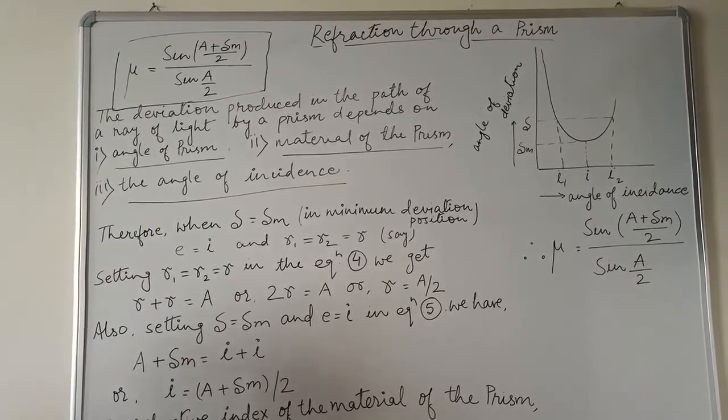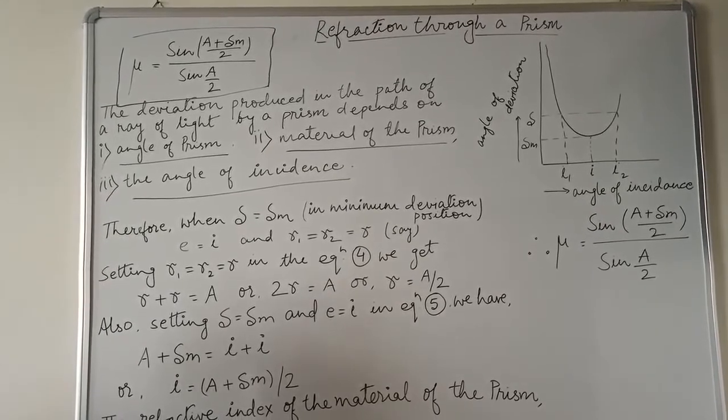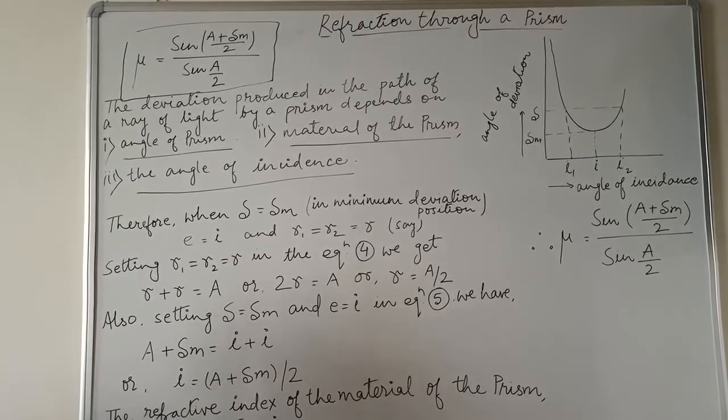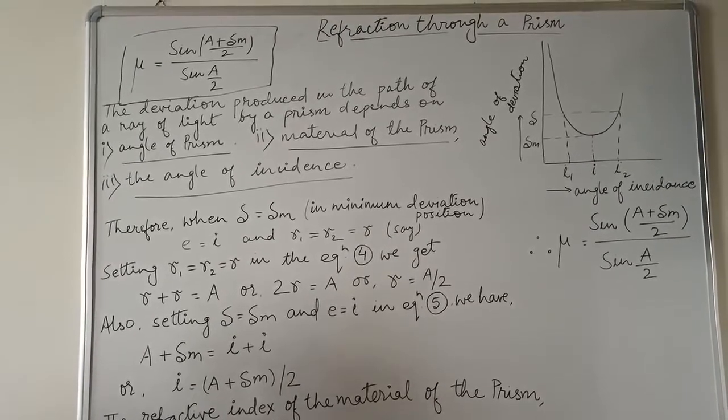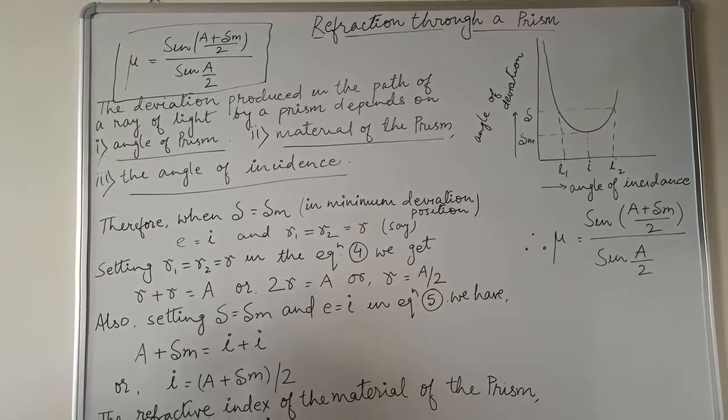It can be proved that when the prism is placed in the minimum deviation position, the prism lies symmetrically with respect to the incident ray and the emergent ray.